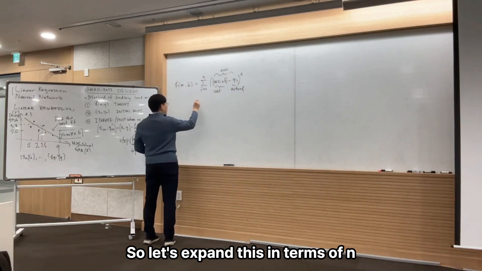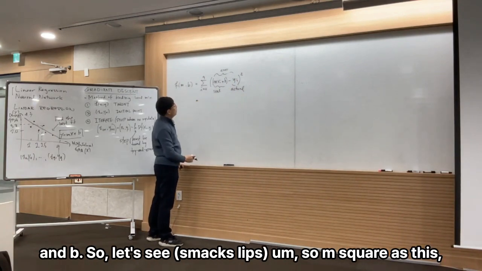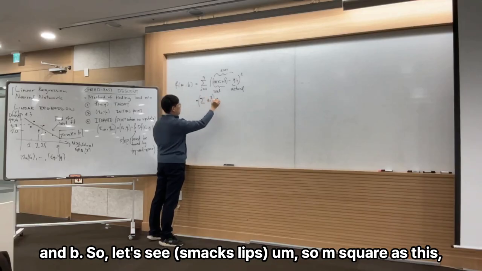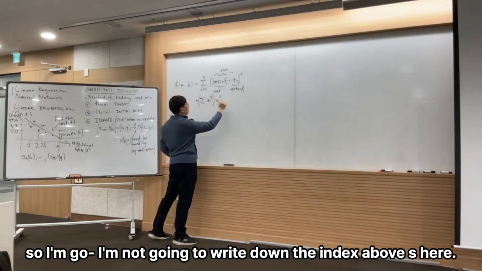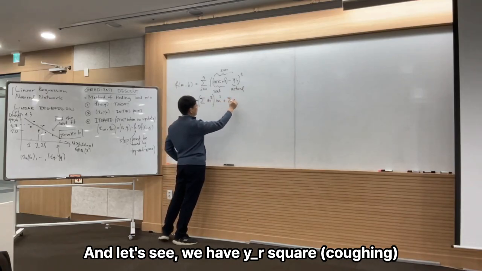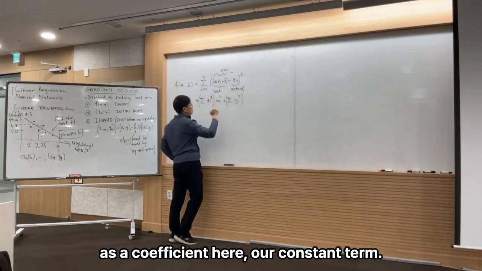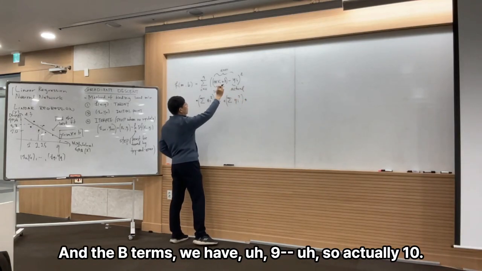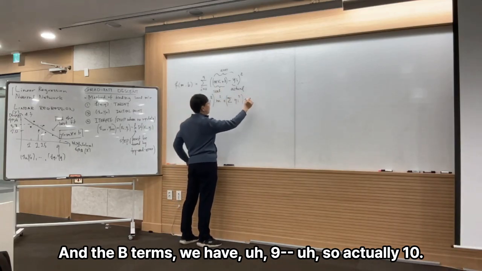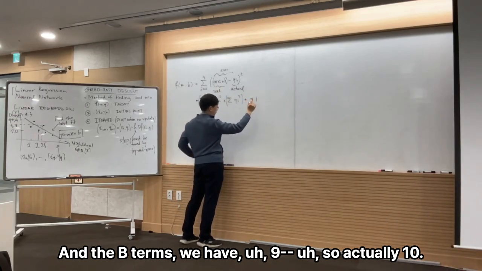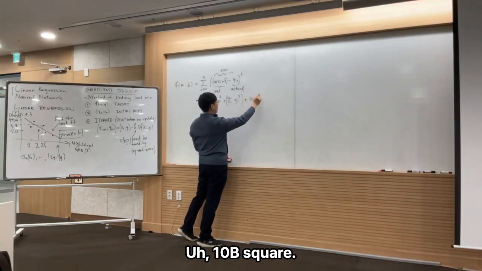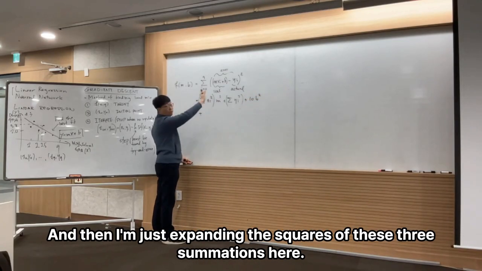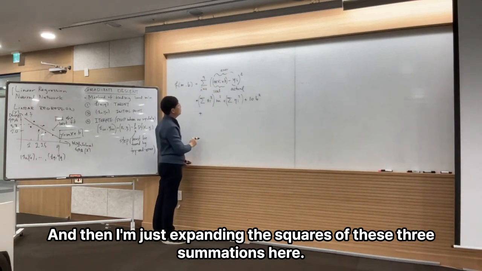So let's expand this in terms of m and b. So let's see, m squared as this. I'm not going to write down the index above the sum here. And we have yi squared as a coefficient here, a constant term. And for the b terms, we have 10b squared, since the sum of ten ones is 10. And then I'm just expanding the squares of these three summations here.